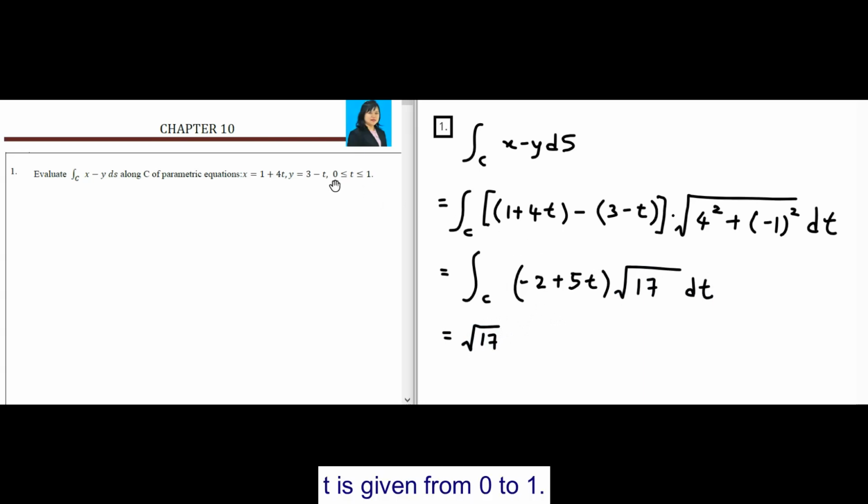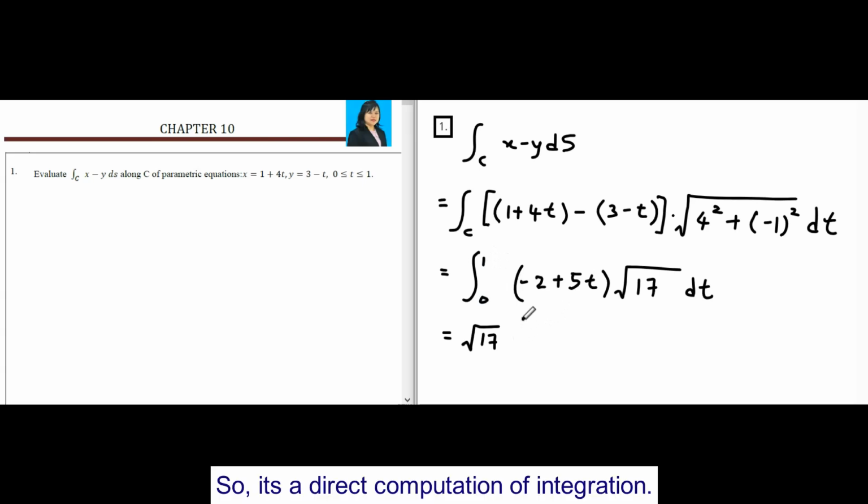T is given from 0 to 1. So it's a direct computation of integration.